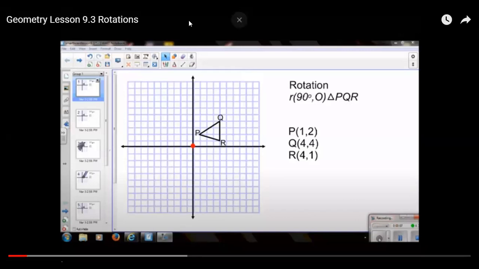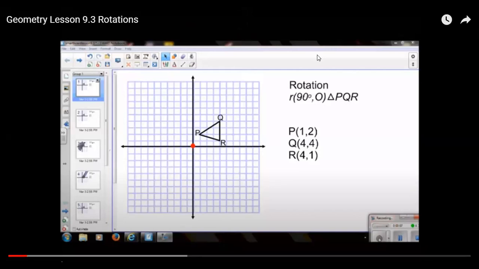Again, who can say the meaning of rotation? A rotation is what? Grade 8, wake up. Yes. Rotation is a transformation that turns the figure and has the same size and shape. Okay.